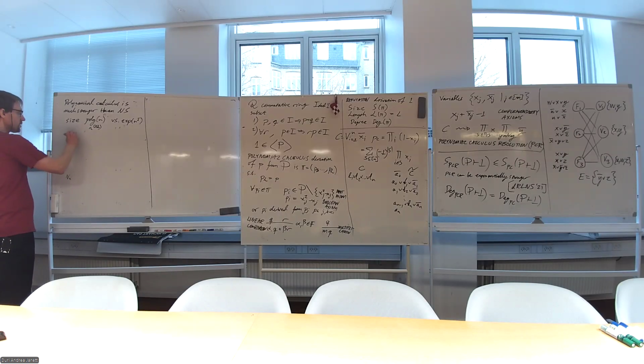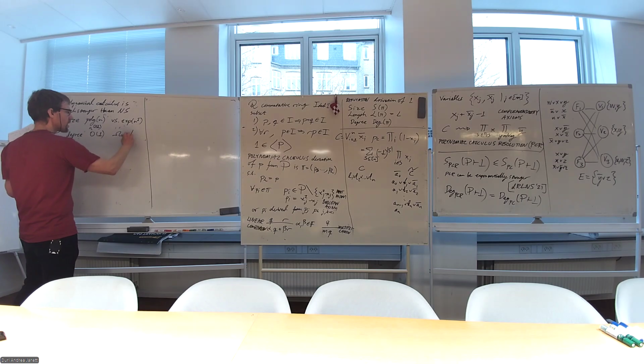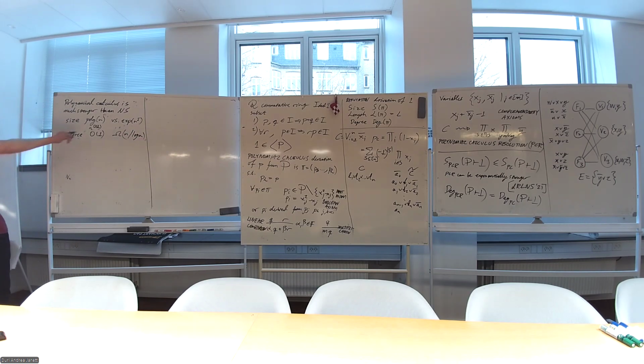For degree, there's also a very strong separation. You can have constant polynomial calculus degree and n over log n for Nullstellensatz, where n is the number of variables and also the size of the whole input object.